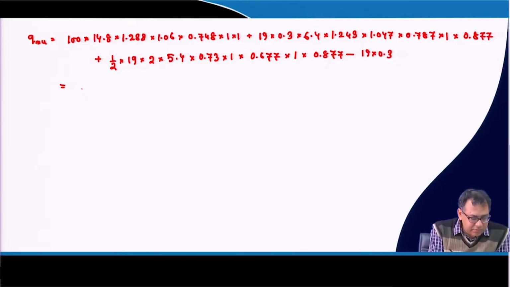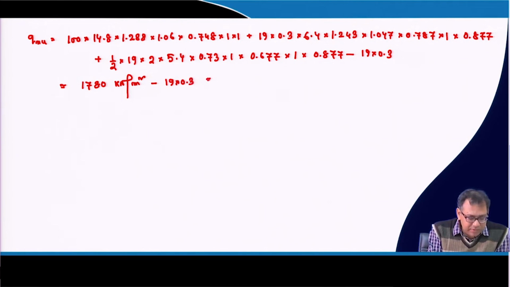So it will be roughly around 1780 kilonewton per meter square minus 19 into 0.3.